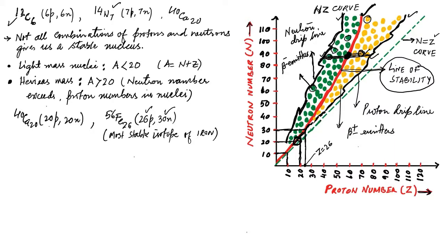So we have to discuss what is the reason for the neutron number being greater than the proton number for nuclei to be stable. Let us try to understand this.